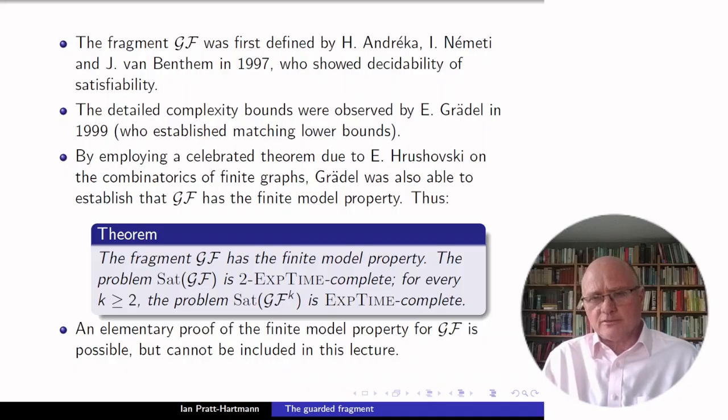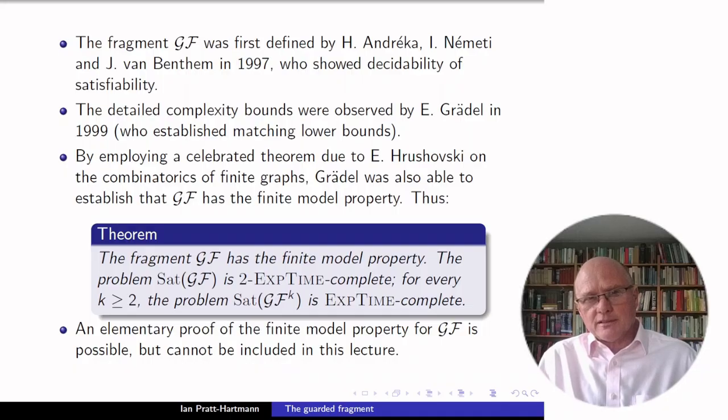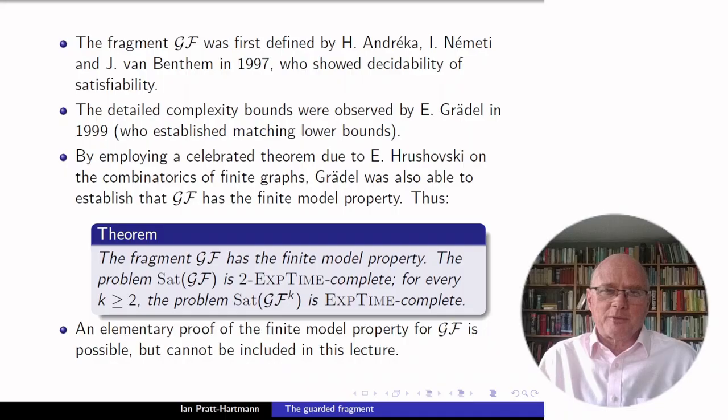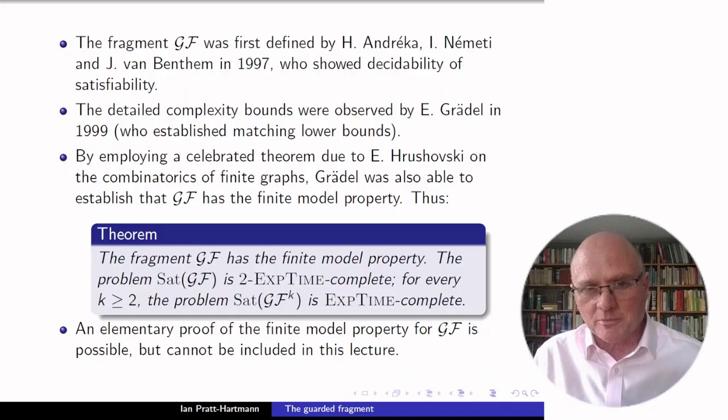This does not follow from the proof of the correctness of our algorithm. However, by employing a celebrated theorem on the combinatorics of finite graphs due to Hrushovski, Grädel was able to come up with a proof that the guarded fragment does in fact have the finite model property.